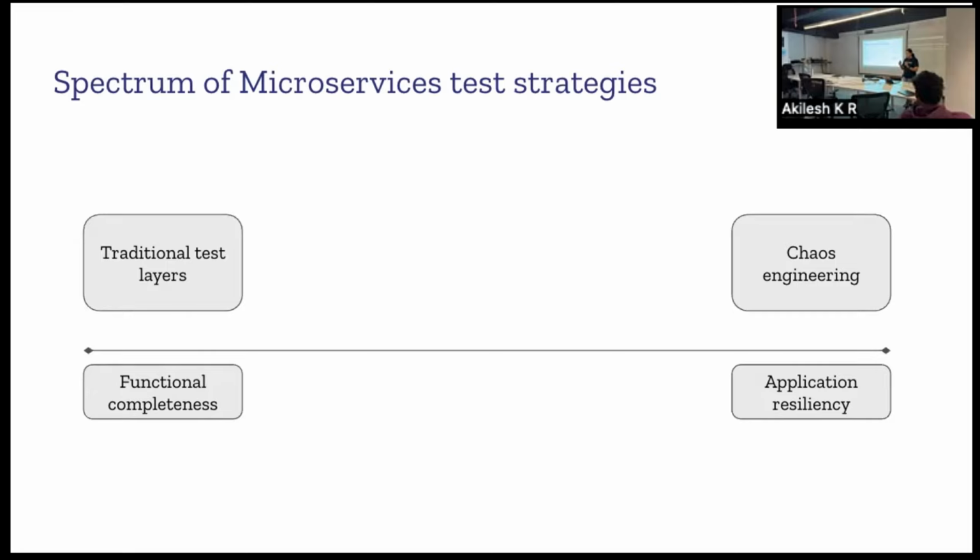And deterministic simulation testing is the sweet spot that sits in between, which should ensure the reproducibility of traditional test layers and also test the resiliency of the system in a controlled environment.